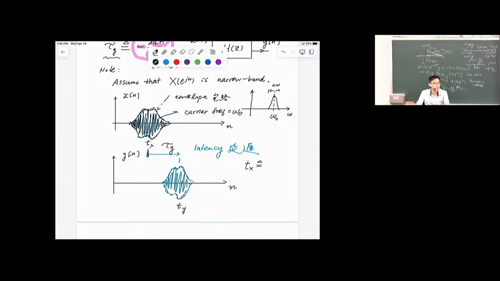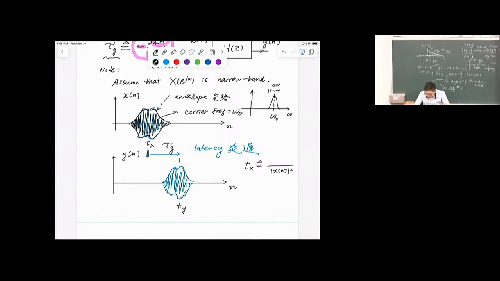When we define tx, the centroid time when the signal occurs in the input, it can be defined as an expected value, weighted by the amplitude squared.